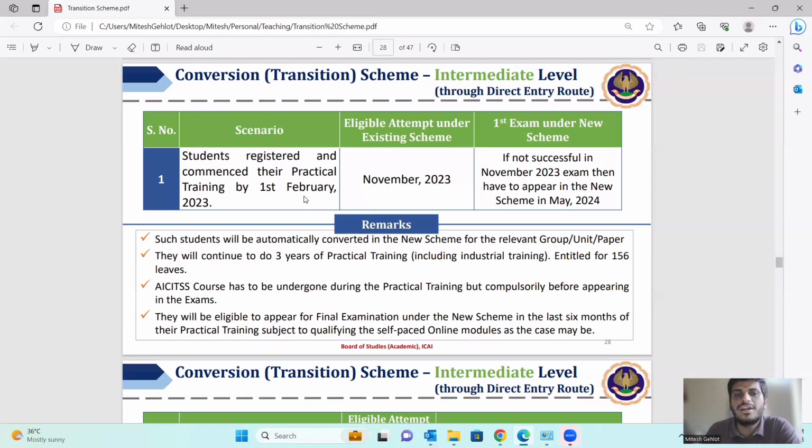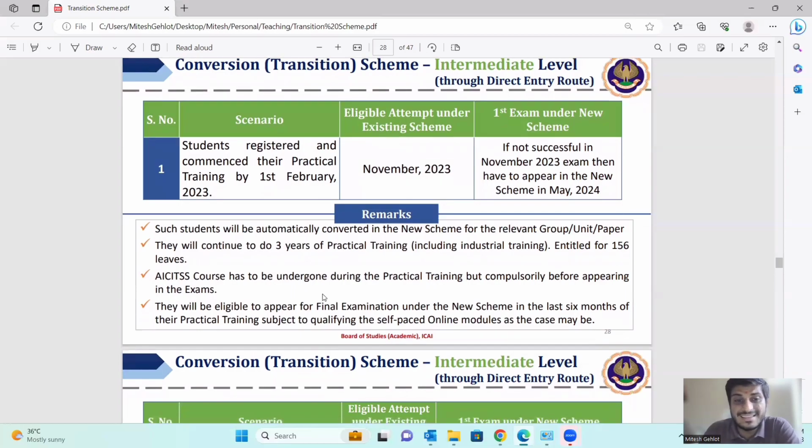The thing is, you have to continuously do your 3 years of practical training because you have already started it before the amendment of these regulations we are discussing right now. You will be entitled to 156 days of leave. You have to undergo all the mandatory trainings. Correct.